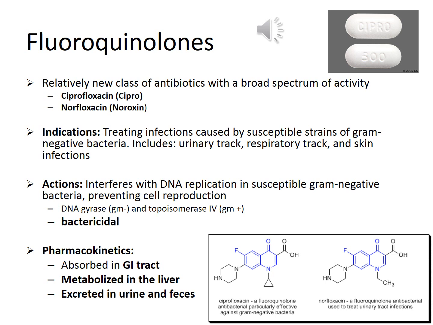The cells actually die from the effects of fluoroquinolone antibiotics. Pharmacokinetics: these are absorbed very well from the GI tract. They're like most other drugs, metabolized in the liver, and they're excreted in both the urine and the feces. Both of those routes of excretion are important for these particular antibiotics.